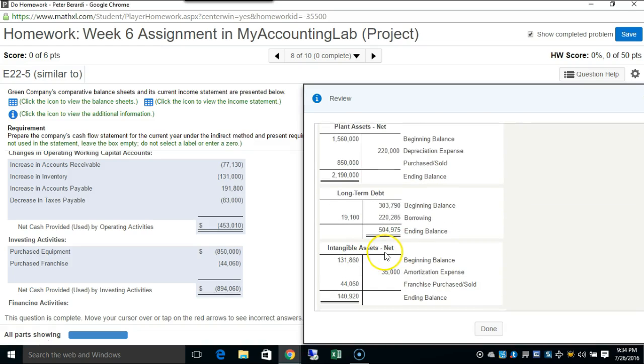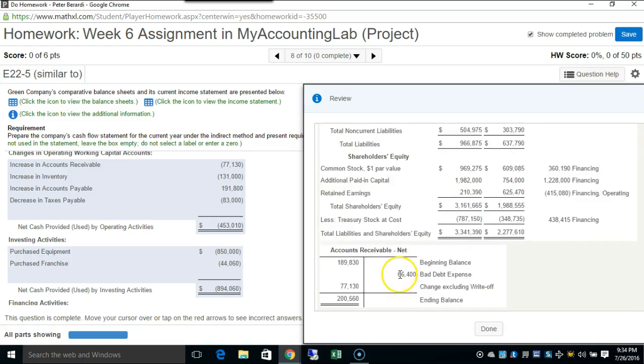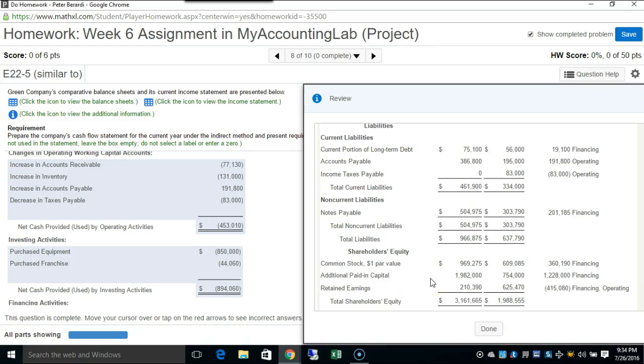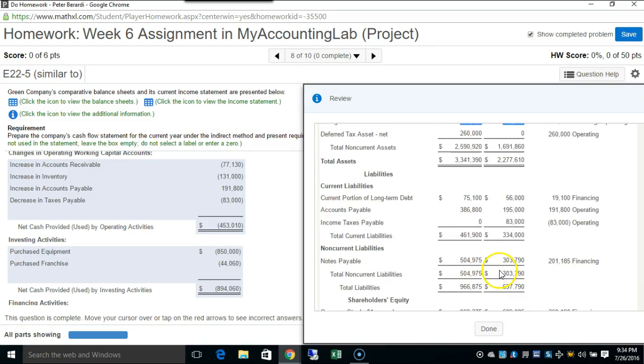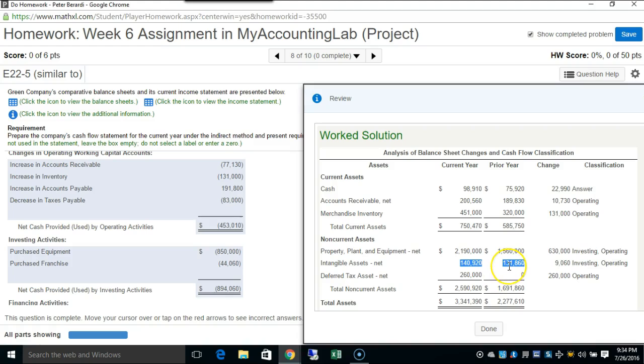For intangible net, your beginning balance is $131,860, which is taken right from prior year. So your prior year is your beginning balance.